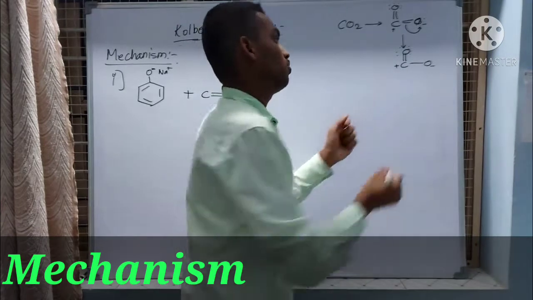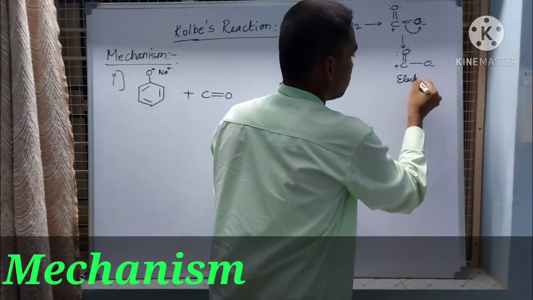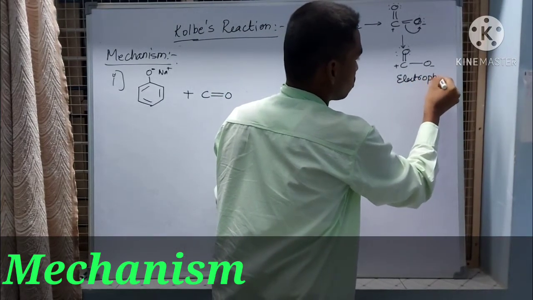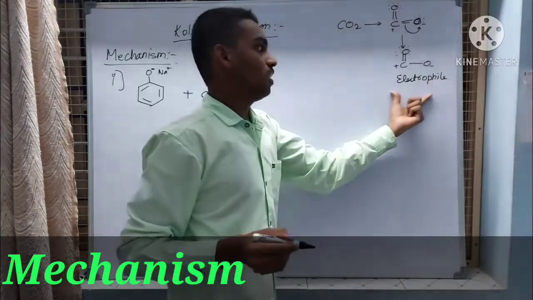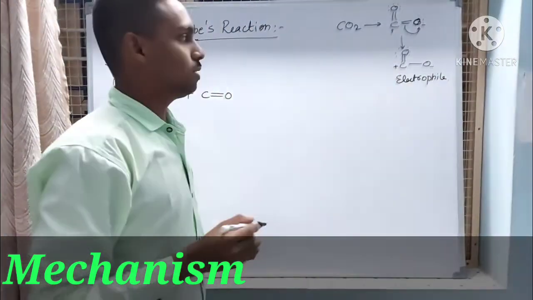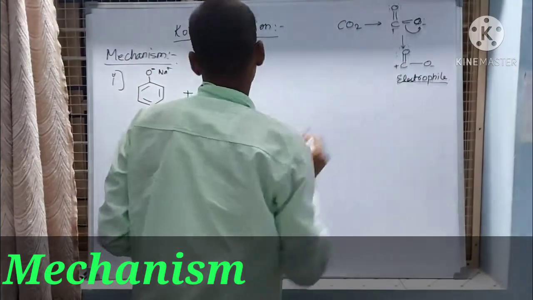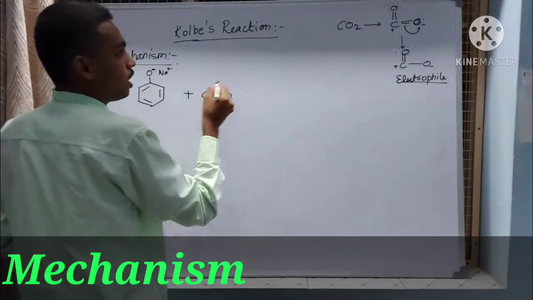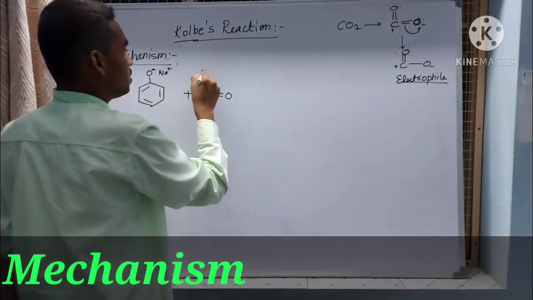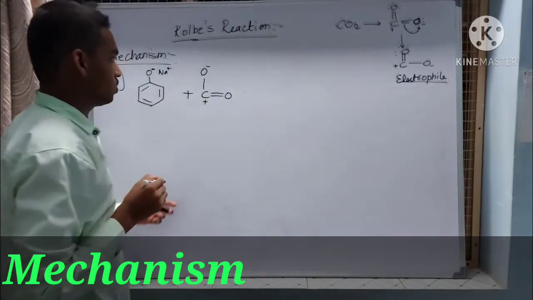So here we are going to observe an electrophile. This is what I was talking about, that carbon dioxide acts as an electrophile in this Kolbe's reaction. So this is electrophile. Okay, so I am going to use that electrophile in this reaction. This is a positive charge.